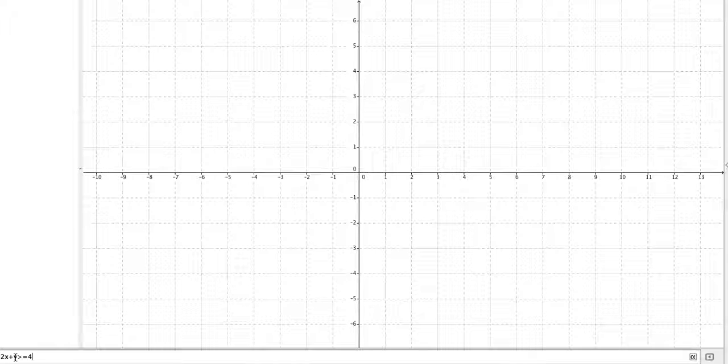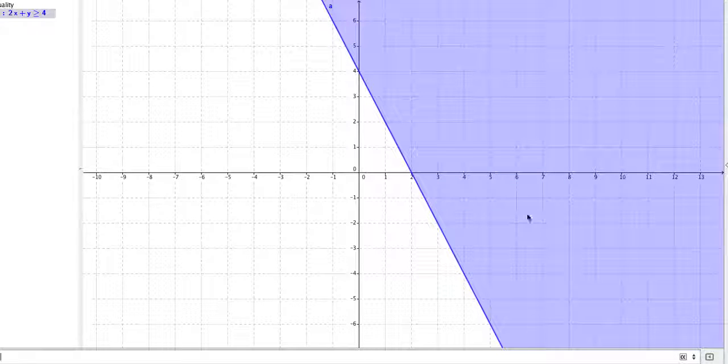If you notice, this is the graph of that inequality. It's a solid line since it's greater than or equal to, and we shade the right side of the half plane, simply because if we test the point 0, 0 in this inequality, it will make the inequality false. That's why we shade the right side.